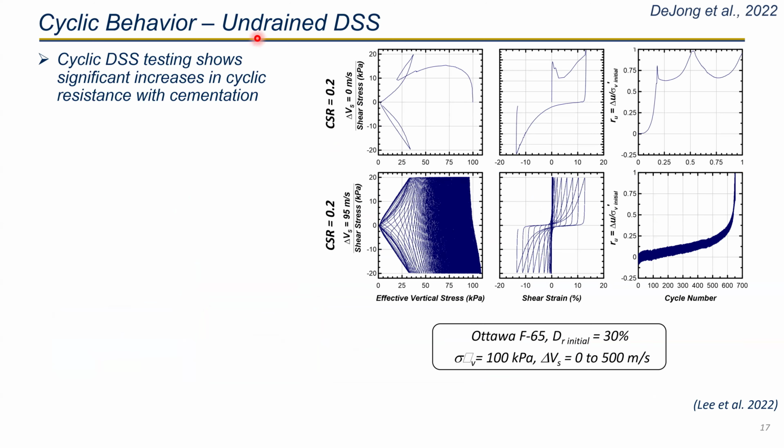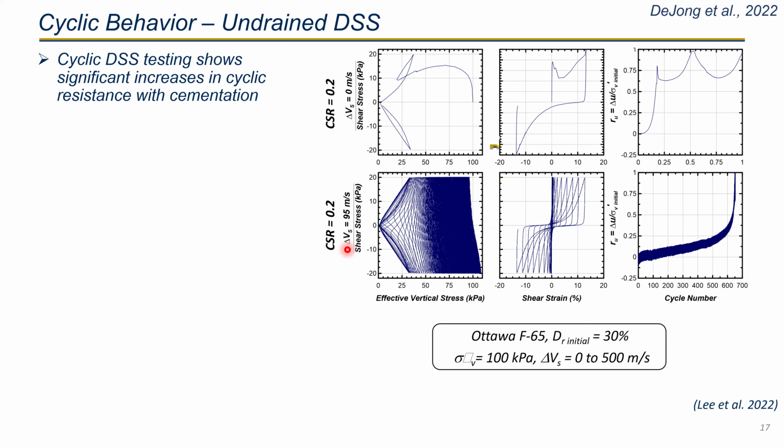So this is the result for the undrained direct simple shear test. The sample was initially prepared in a loose condition with a relative density of 30% and an initial effective stress of 100 kPa. The results in the upper row are from the case with delta Vs of 0 meters per second, and the second row are the results with delta Vs equal to 95 meters per second.